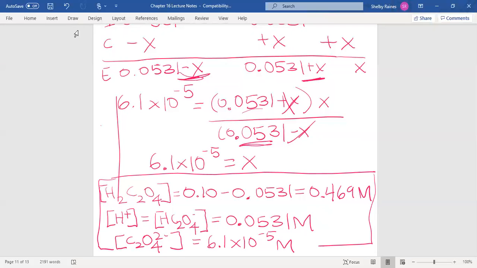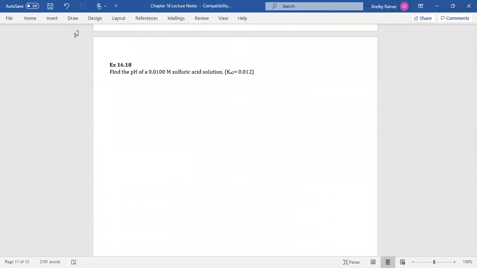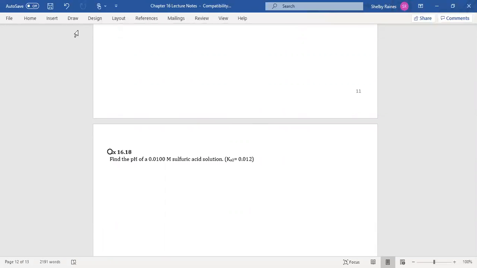Okay, so let's do another one. The next example says find the pH of 0.01 sulfuric acid solution. All right, and you see I only wrote Ka2. That is because H2SO4 is strong in this first ionization, meaning it goes to completion.